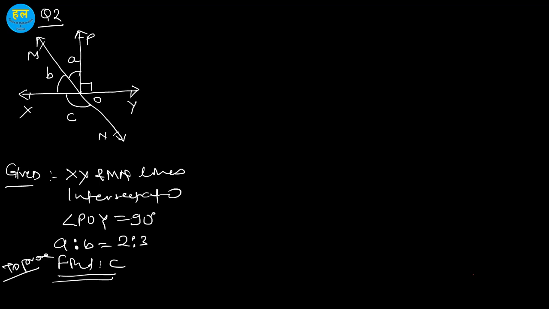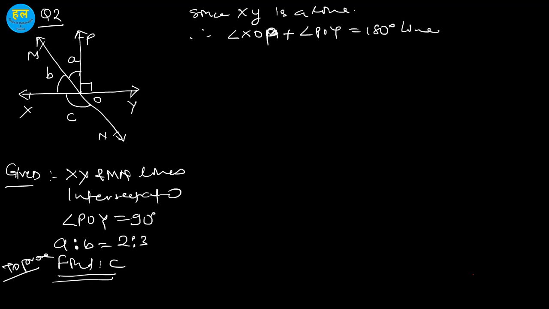So from the given information, we know that XY and MN are lines, right? Since XY is a line, therefore angle XOP plus angle POY is equal to 180 degree, linear pair, right?